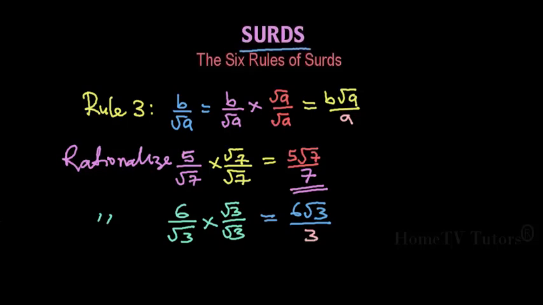No, we can see that this can still be further simplified. So 3 goes in here 1, 3 goes in 6, that is 2. So the final answer is 2 square root 3. Alright, so this is what you need to know about rule 3.